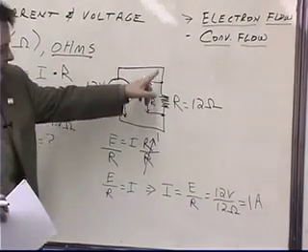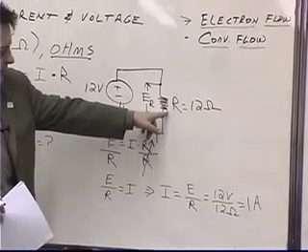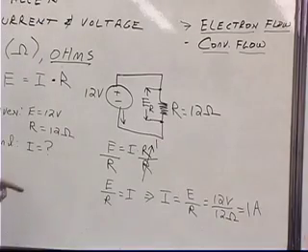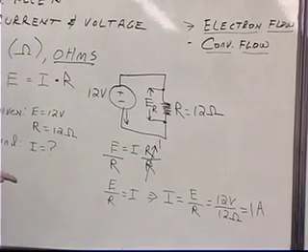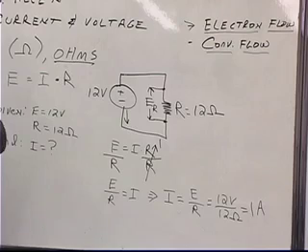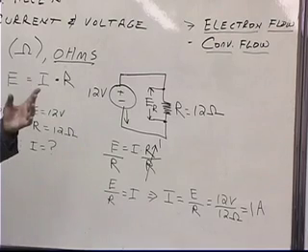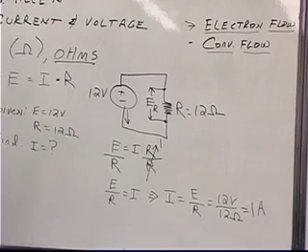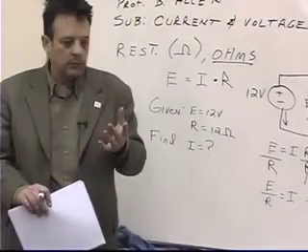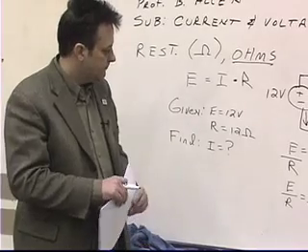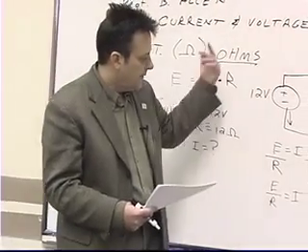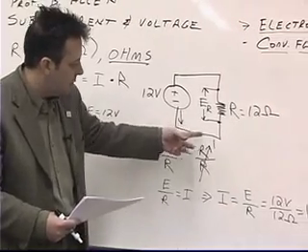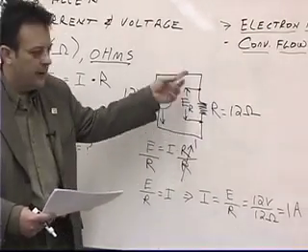We hooked it up to a resistor that was 12 ohms, and we used Ohm's law, which we'll be using throughout this entire course, and I guarantee you'll be using throughout your entire career if you stay in the electrical fields. And then we substituted the numbers in to figure out how much current was flowing in this circuit right here.